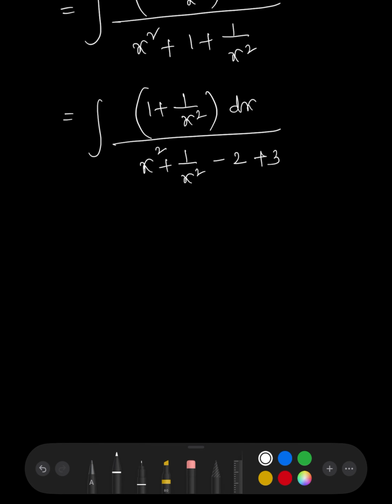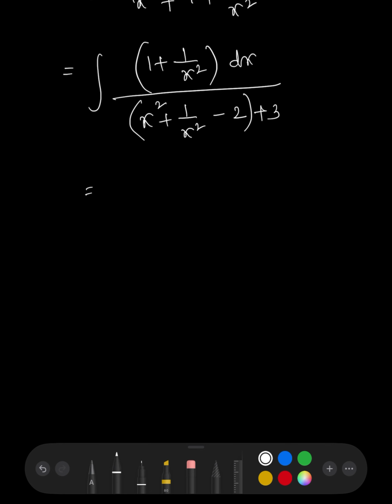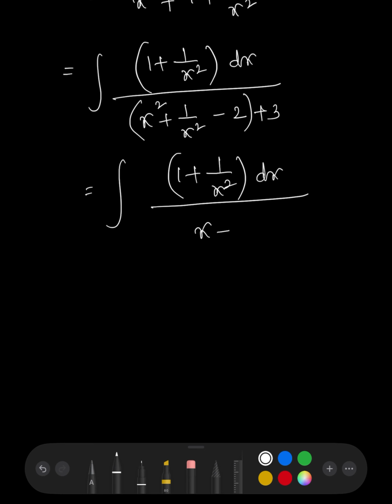minus 2 plus 3. So if you observe the first three terms in the denominator carefully, the numerator is 1 plus 1 by x square whole dx divided by, this one I can write as x minus 1 by x whole square plus root 3 whole square.